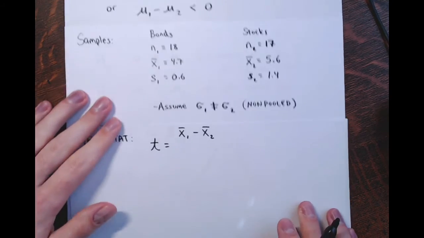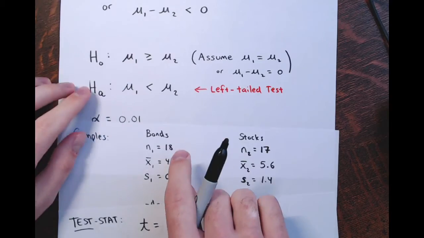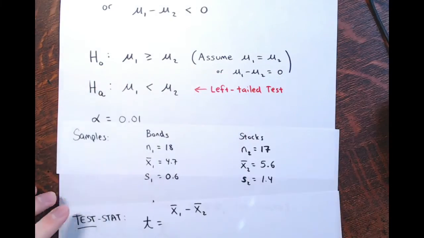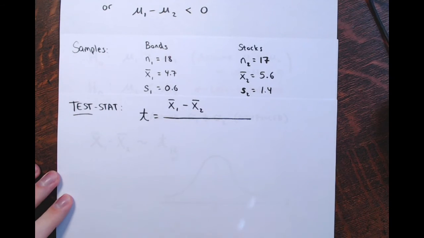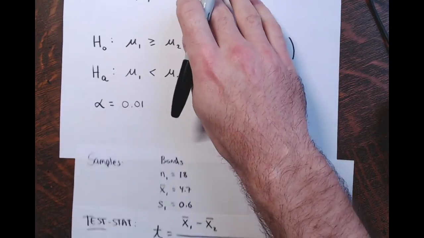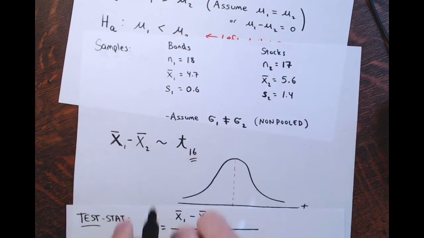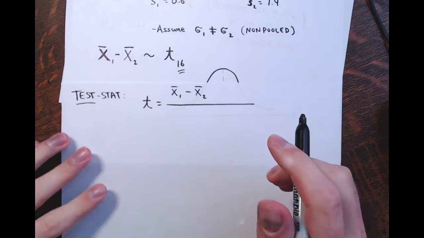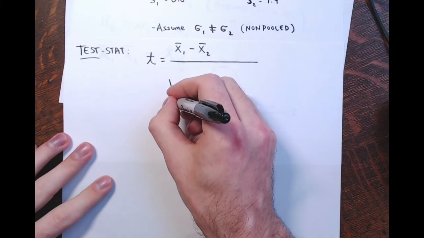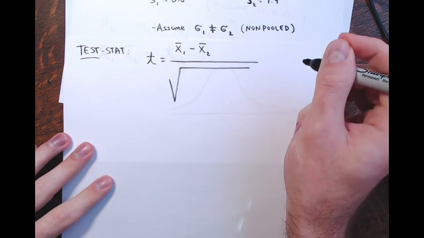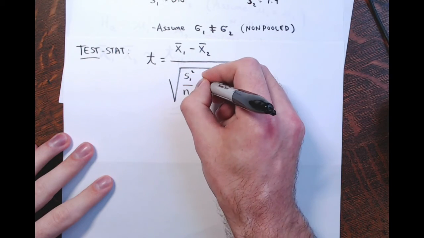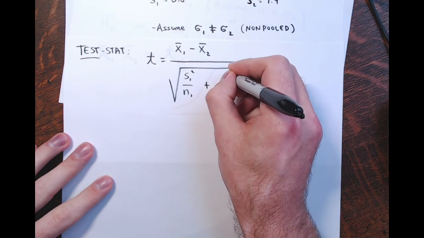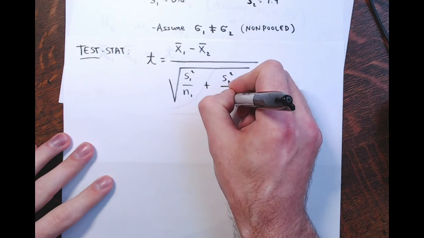From the null hypothesis, we'd assume that mu1 minus mu2 is equal to 0, so no need to write that. And then divide by the standard deviation of the distribution of x1 bar minus x2 bar, which is the square root of s1 squared over n1 plus s2 squared over n2.